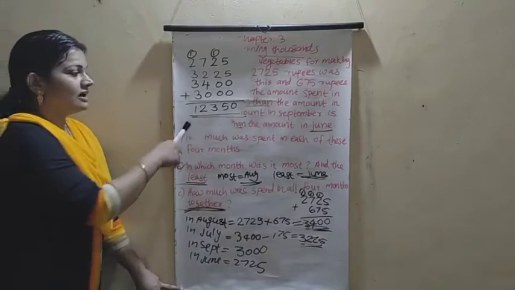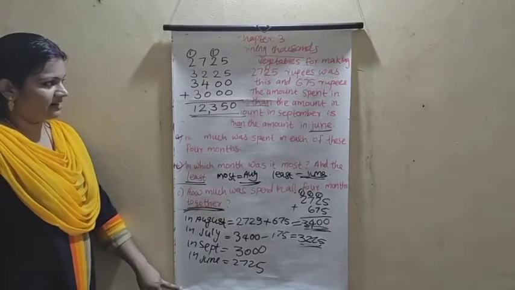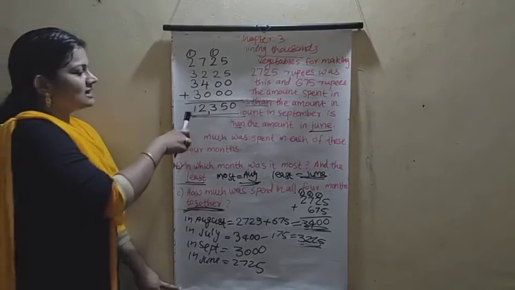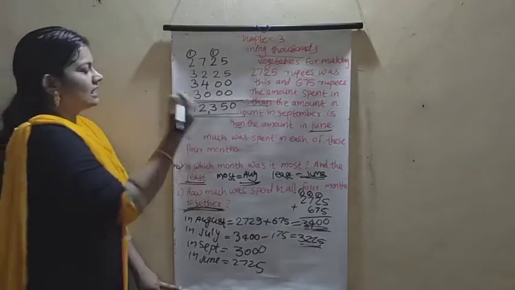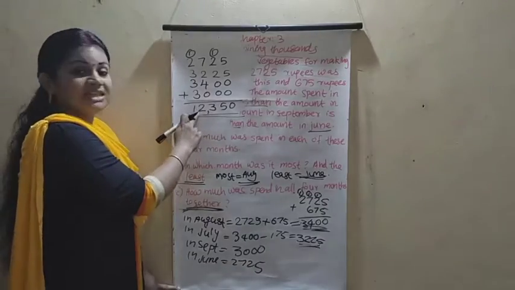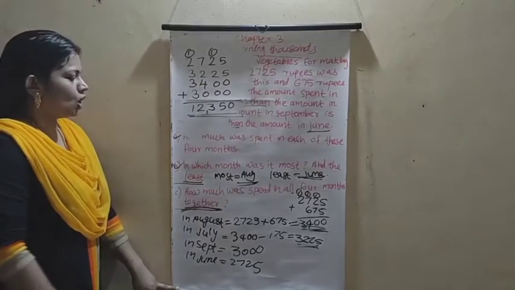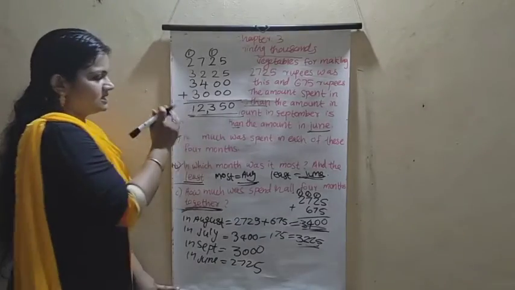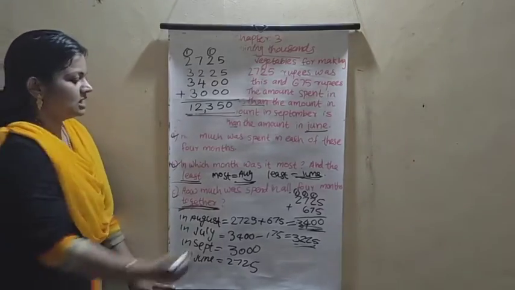Then what do we get? A 5-digit number. How to read the 5-digit number? 12,350. Read the first 2 digits with 1000. The total amount of these 4 months is 12,350.